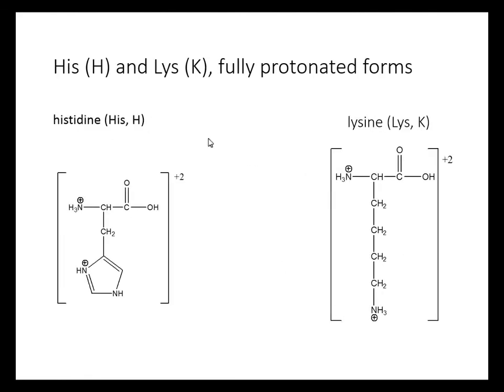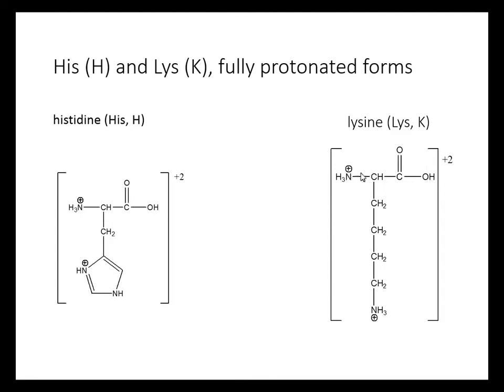Here are histidine and lysine in their fully protonated forms: carboxylic acid, ammonium, and the iminium here, the extra hydrogen on the histidine ring, and the ammonium here, the amine that's at the end of lysine in its protonated form is an ammonium group. So we have an ammonium, another ammonium, and a carboxylic acid.